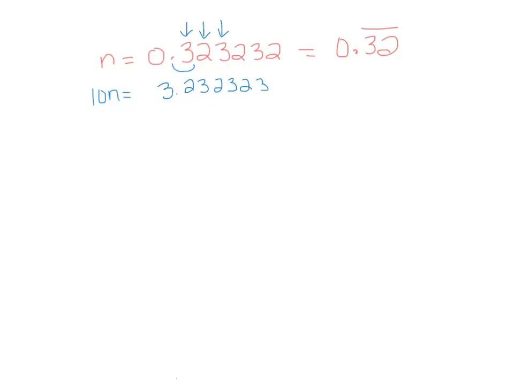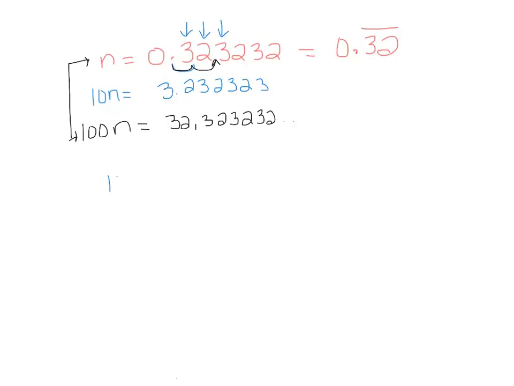So let's up the ante. Let's say instead of multiplying it by 10, I multiplied it by 100. I moved it two places, so I moved it over to the start of the second repetition. So 100 times n is going to be 32.323232. And now I know that in 100n and n, the decimals are the same.